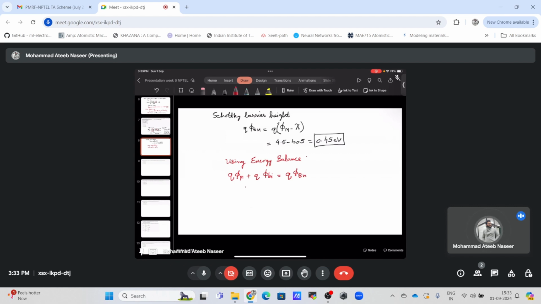Now this gives the value of Q phi Bi to be simply phi Bn minus phi f.